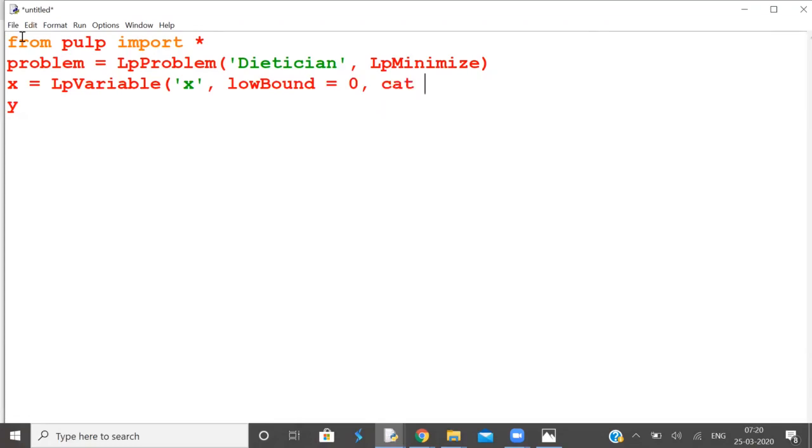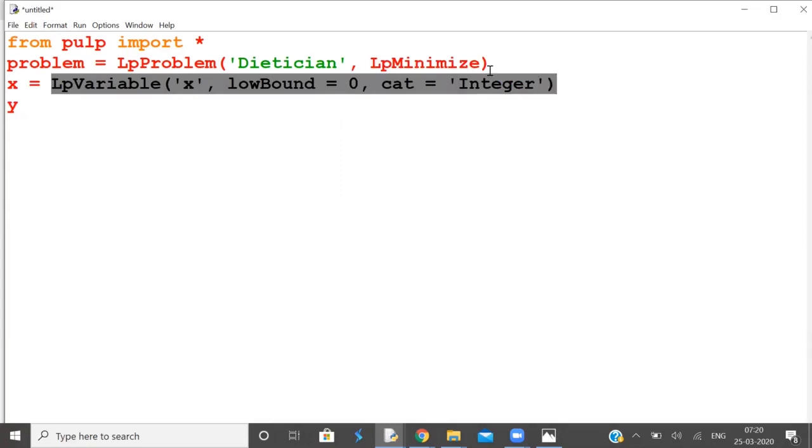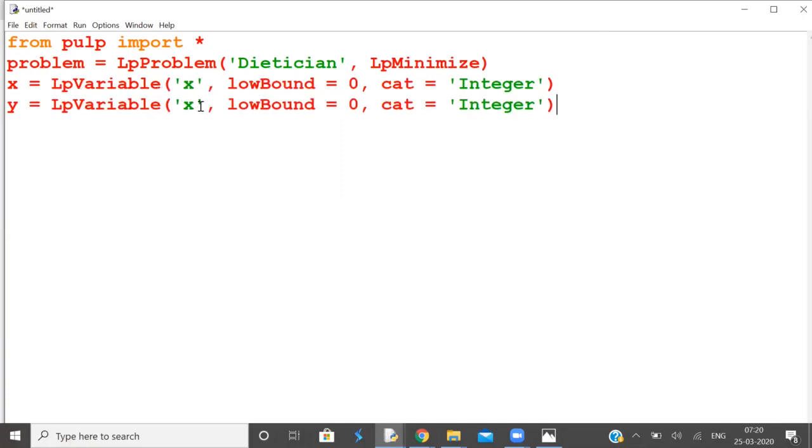Its category is integer. Similarly for Y, the name of the variable is Y.